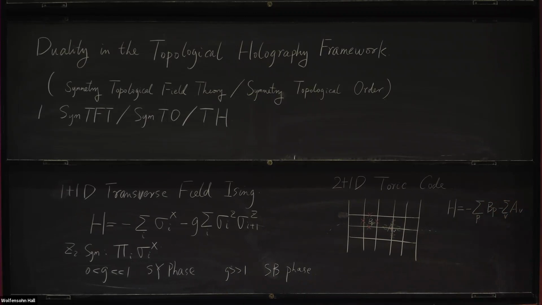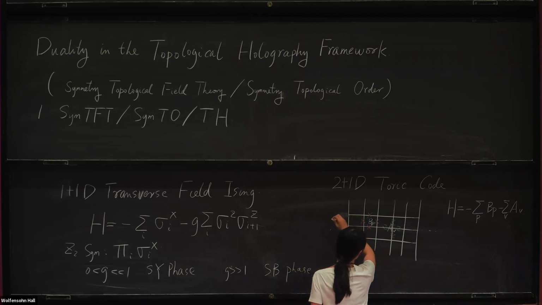Okay. And if this is just the bulk model, and if we put it on, let's say, some closed manifold, we know that this model represents the topological order, and it will have some ground state degeneracy depending on the topology of the manifold. For example, if this is on a two-dimensional torus, there's going to be some loop operator winding around the torus.